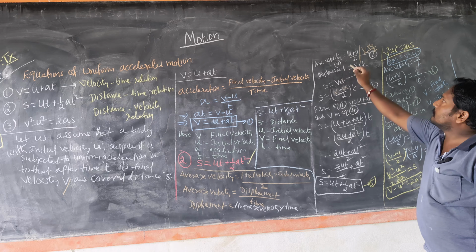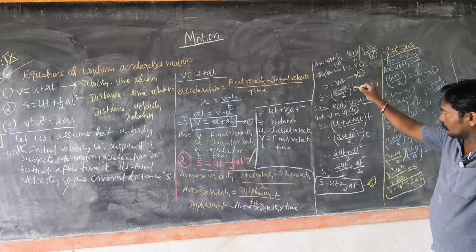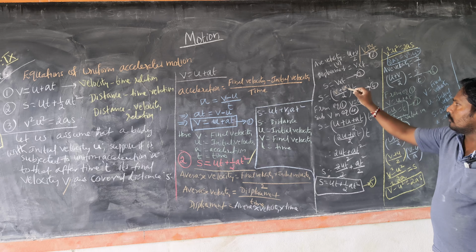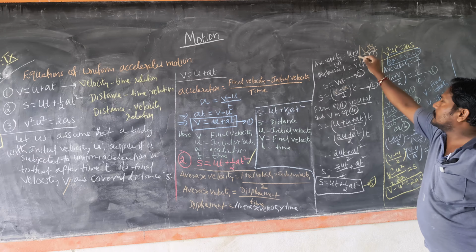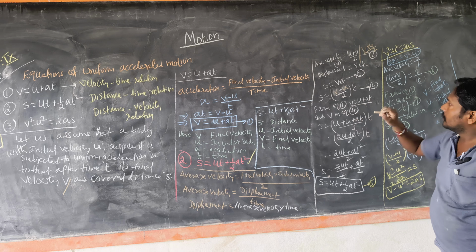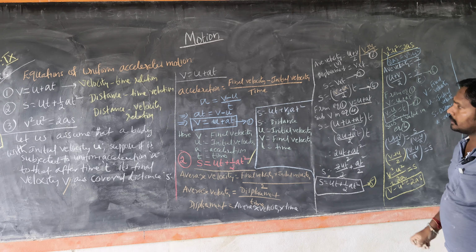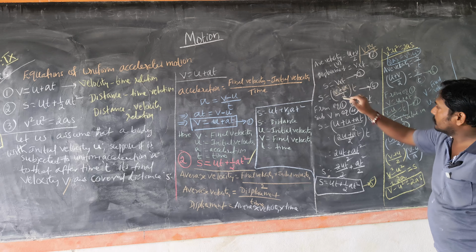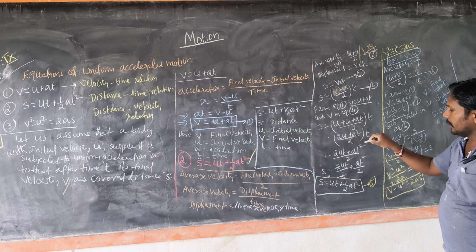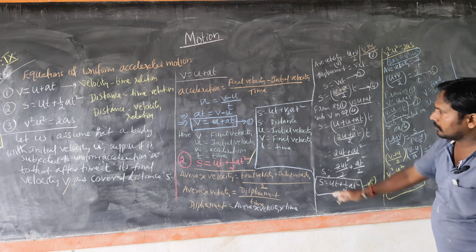Here average velocity is equal to u plus v by 2, into t. Velocity is u plus v by 2 from equation 1, where v is equal to u plus at. Substitute the v value here, then simplify it. Finally we get s is equal to ut plus half at square.